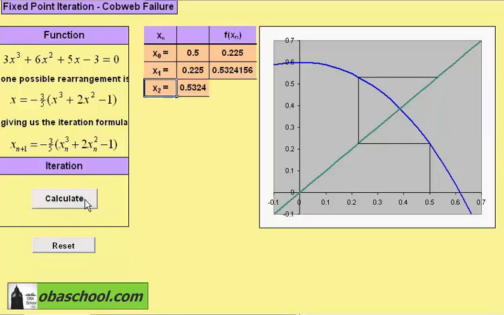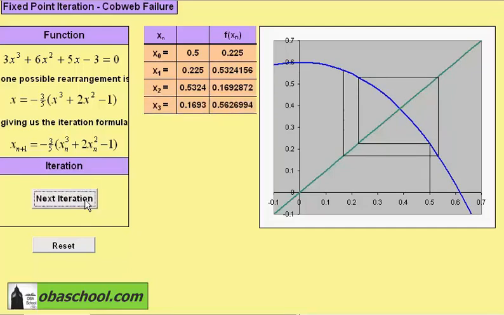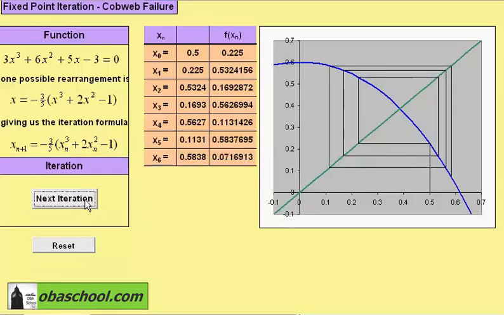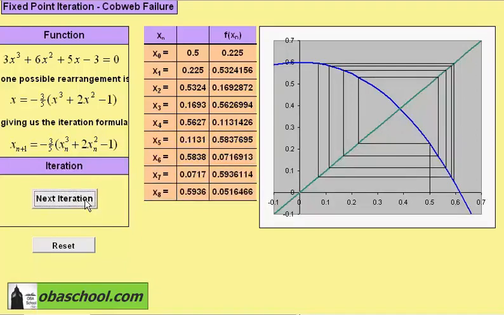We then use this as our next input and evaluate. And you can see we're forming a cobweb, but instead of spiraling in towards the root, we actually spiral outwards. So this iteration would fail to find our root.